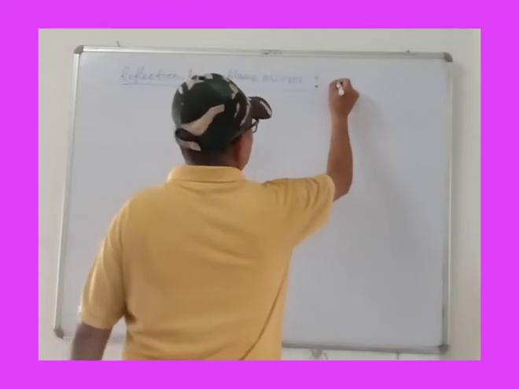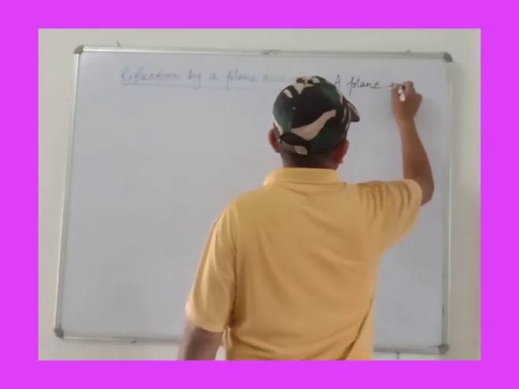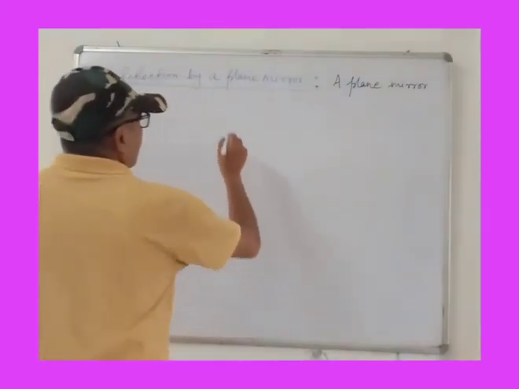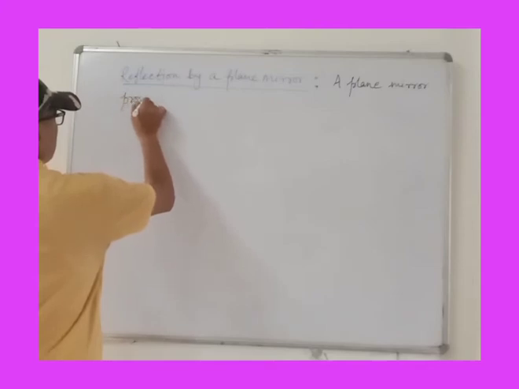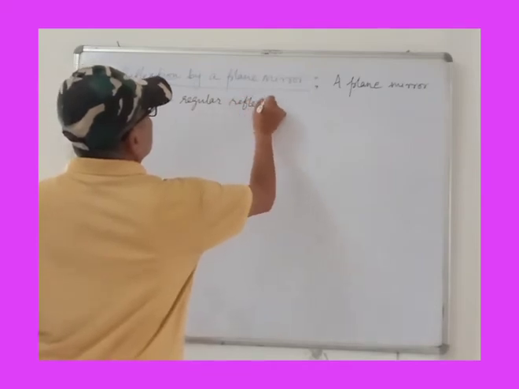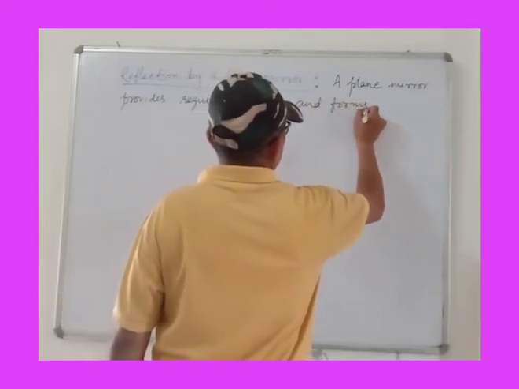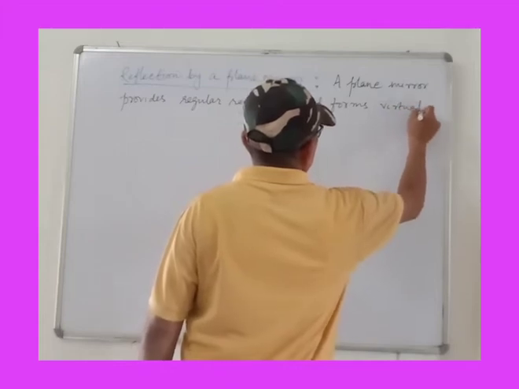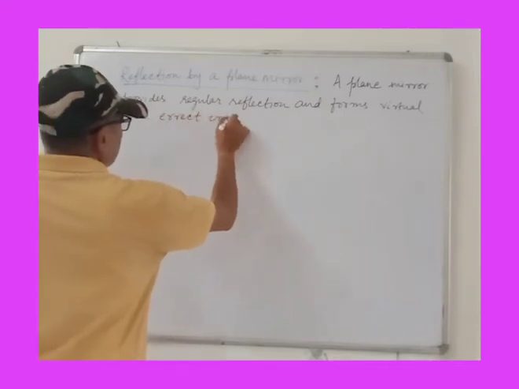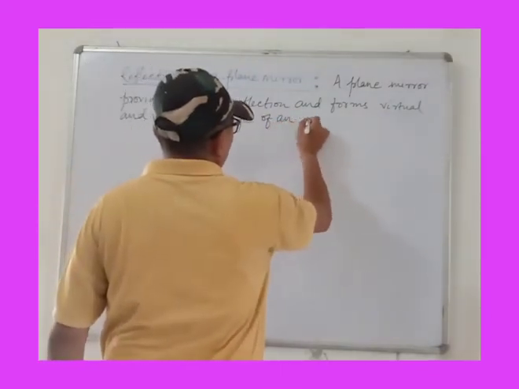So, a plane mirror provides regular reflection, and forms virtual and erect image of an object.